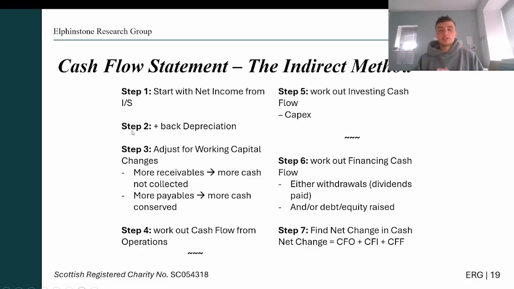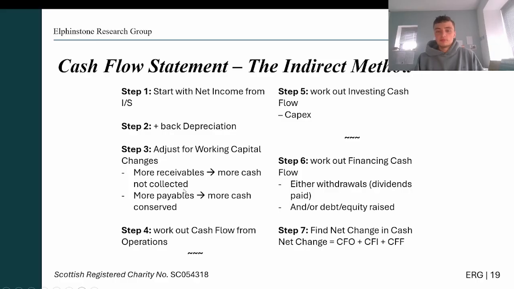The way the cash flow statement is organised is usually using something called the indirect method, which starts with the net income and reconciles it back to operating cash flow. This involves adding back depreciation as it's a non-cash expense, and then adjusting for working capital, because accounts receivable means more cash that hasn't been collected, and accounts payable is more cash that's being conserved.